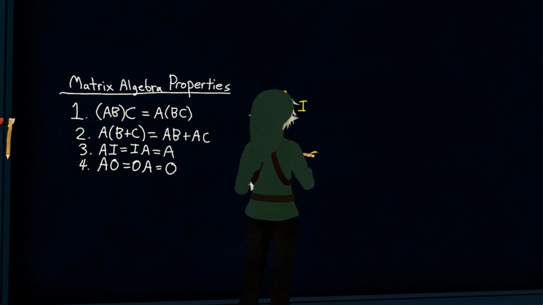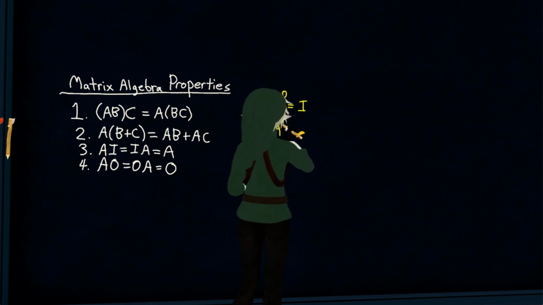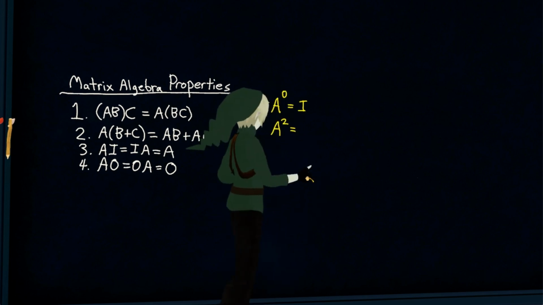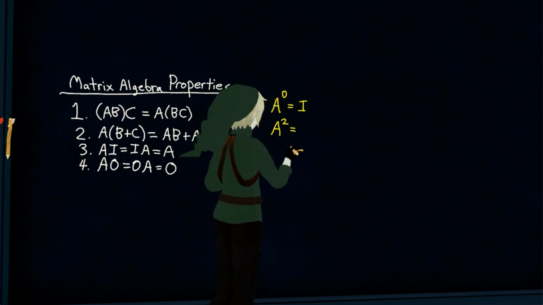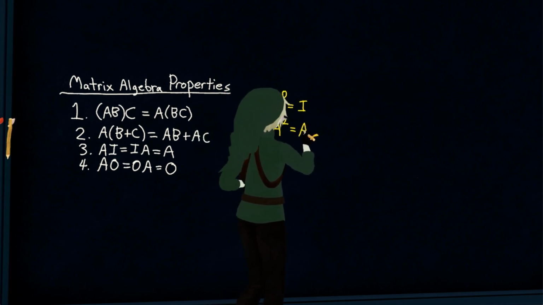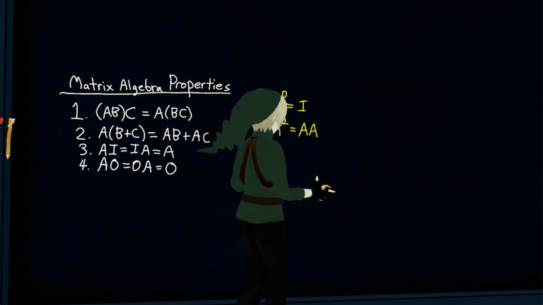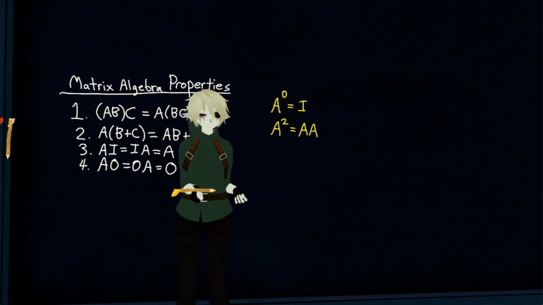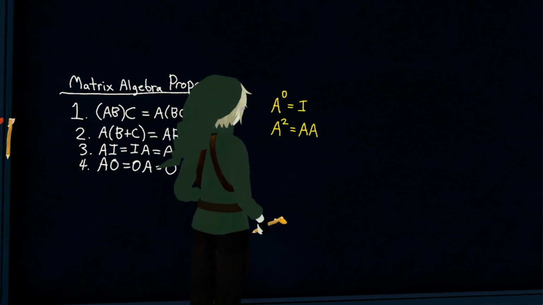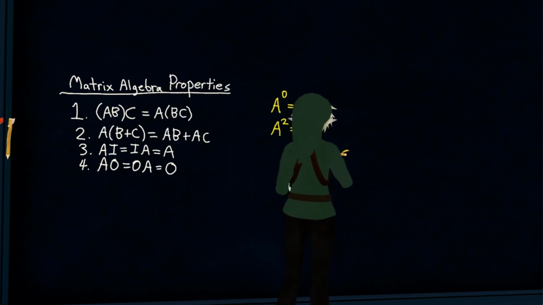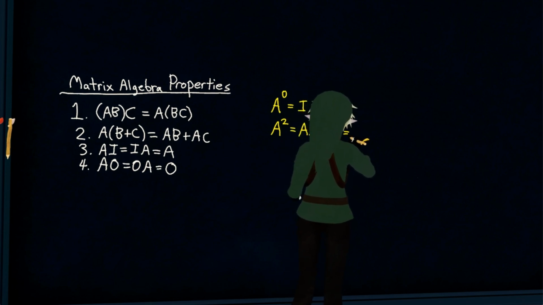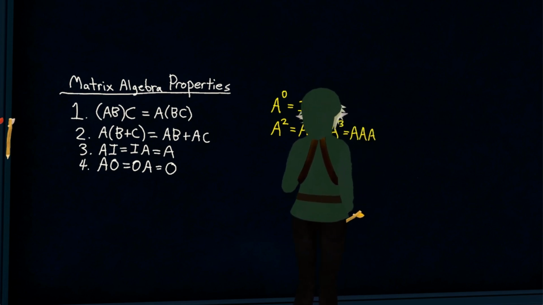Okay, now how about A squared? Right, A squared is the exact same thing as just multiplying A twice. That's all it is. You're doing matrix multiplication with the same matrices. And in fact, you can do the same thing with A cubed: multiply matrix A 3 times.